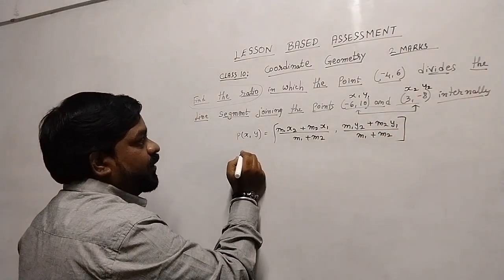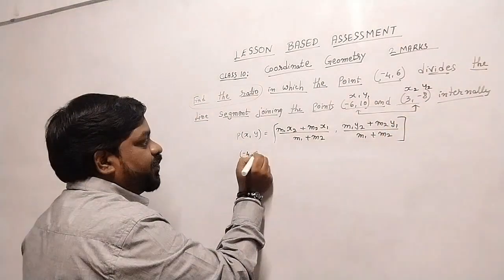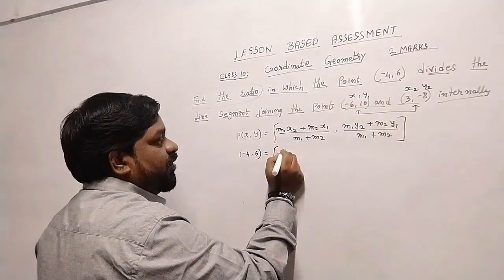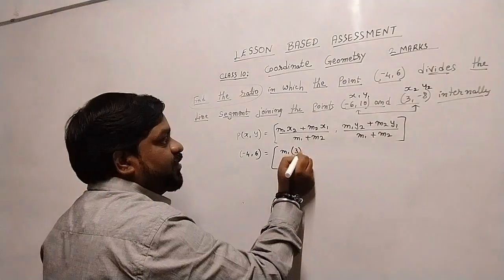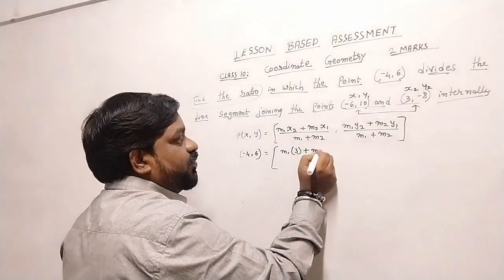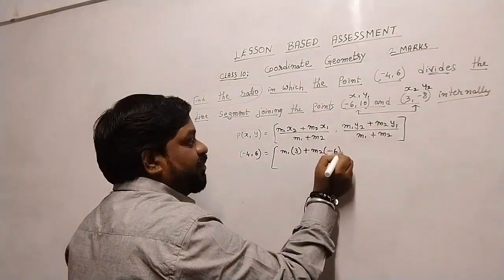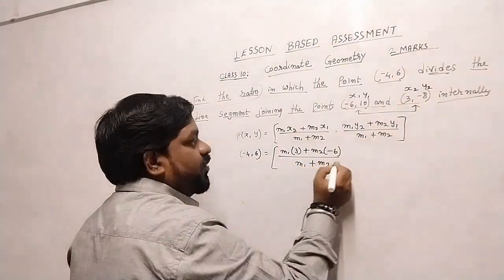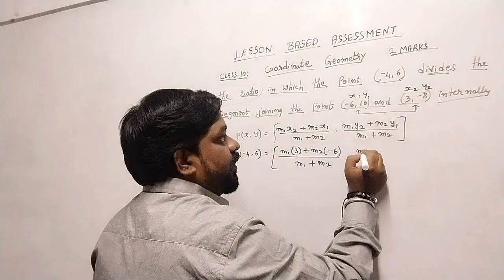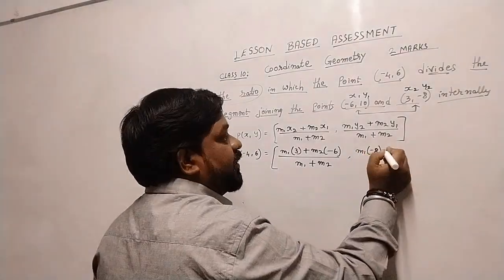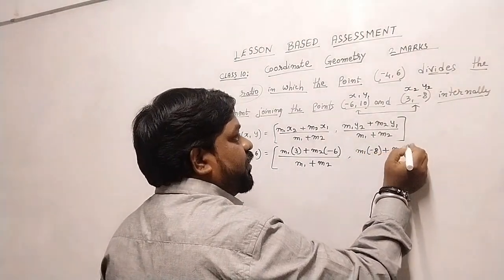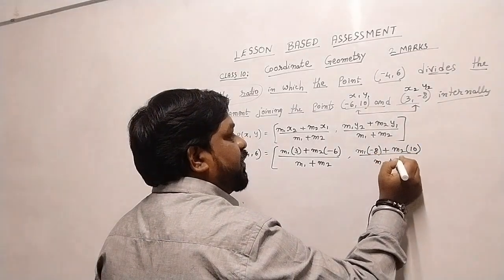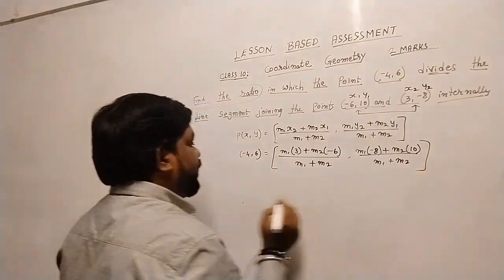P of x comma y is minus 4 comma 6 equals m1 x2. m1 value we don't know, x2 value is 3 plus m2 x1 value is minus 6 divided by m1 plus m2 comma m1 into minus 8 plus m2 into 10 divided by m1 plus m2.